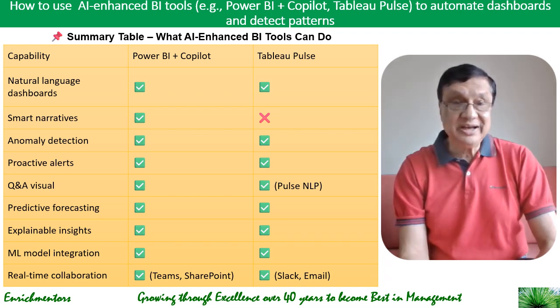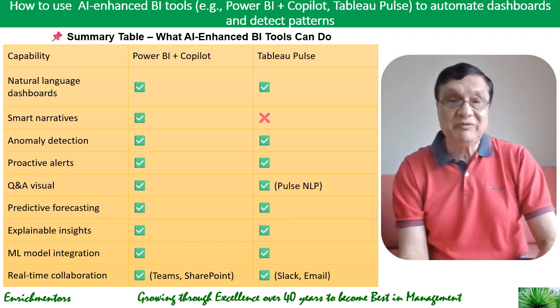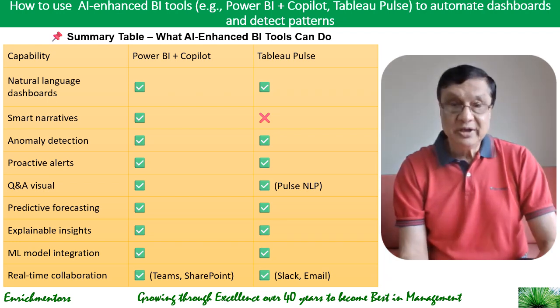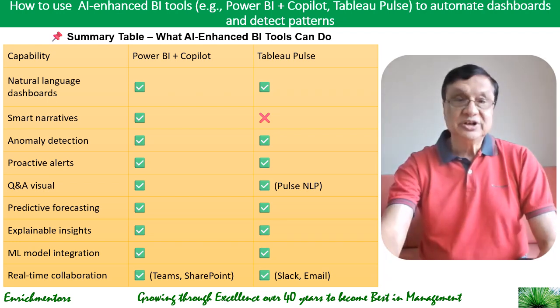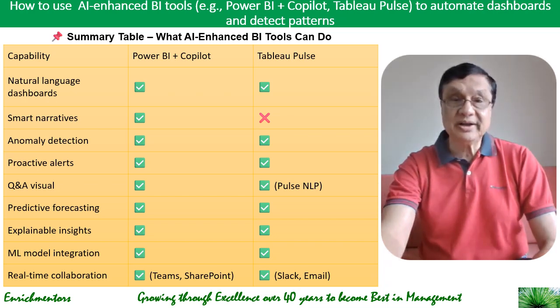Q&A visuals can be done by Power BI and Copilot, and if you use Pulse NLP, you can do it in Tableau Pulse also. Predictive forecasting again can be done in both tools, and so are explainable insights and ML model integration. Now, for real-time collaboration with Teams and SharePoint, you will need to use Power BI and Copilot, whereas with Slack and email, you will need to use Tableau Pulse. So that's what AI-enhanced BI tools can do for you.